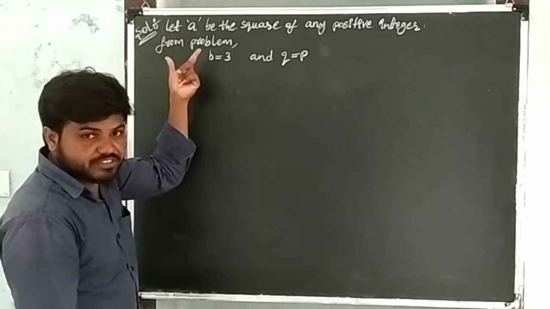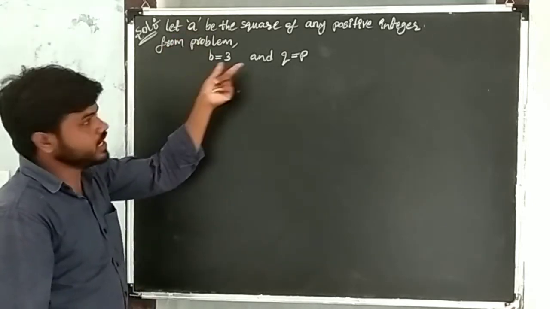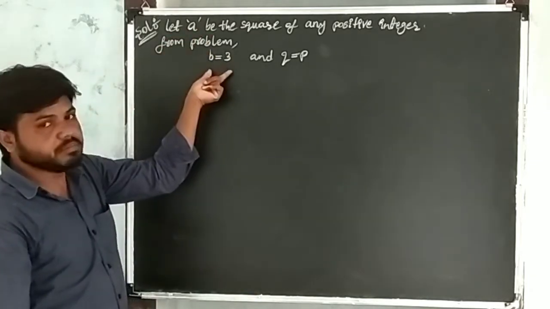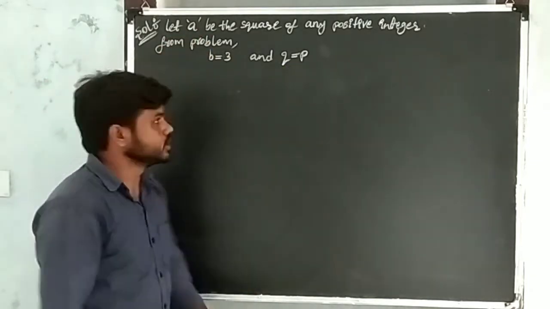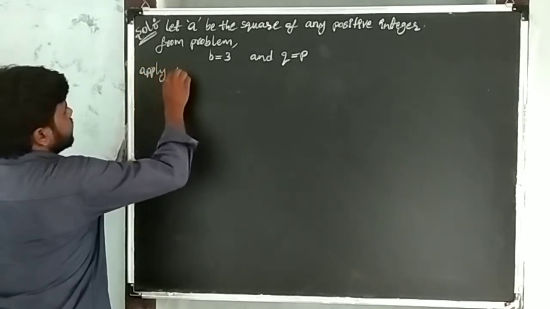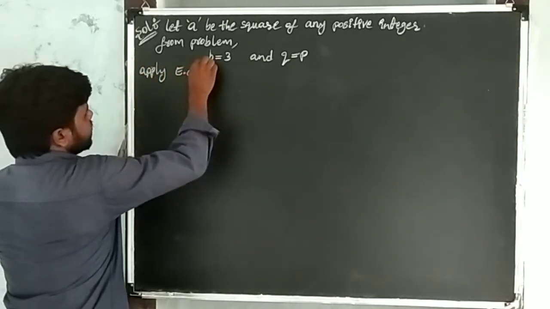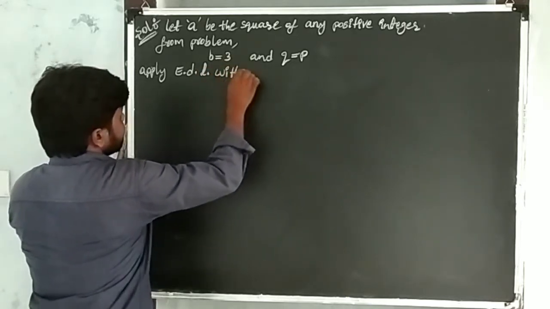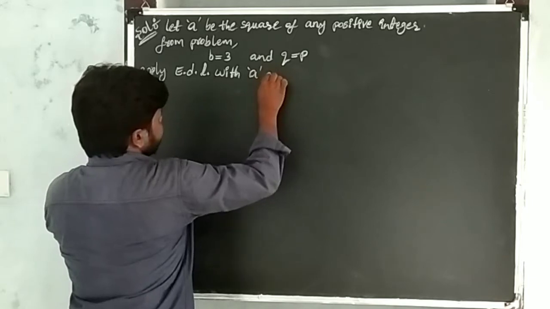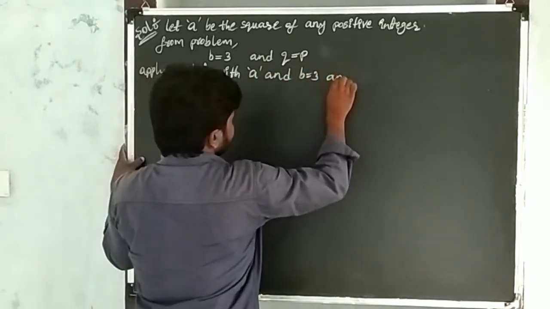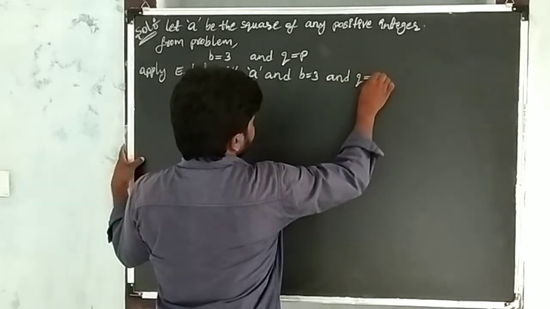Now apply Euclid's division lemma with a and b and q values. I am writing that: apply Euclid's division lemma with a and b equal to 3 and with q equal to p.